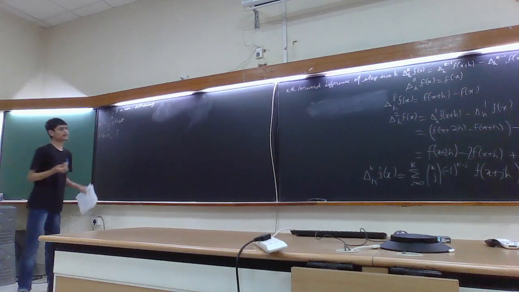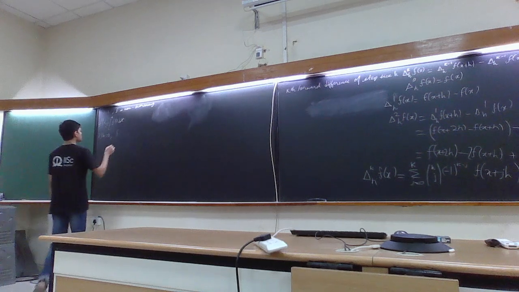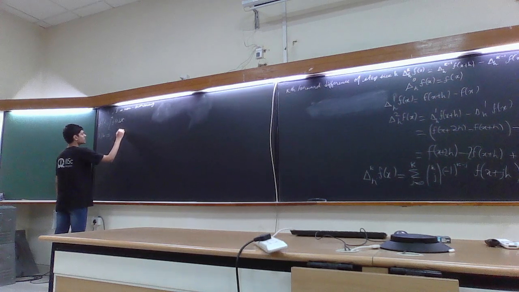And for k equal to 0, we have the second order antiderivative. So the zeroth order forward difference first.